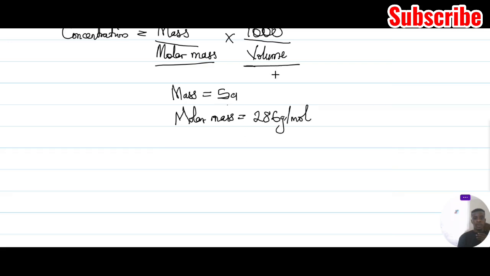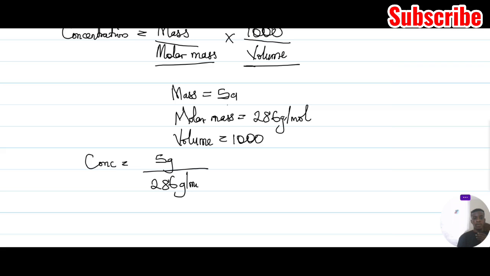Alright, and the volume we are diluting to is 1000 dm cube, so we have 1000. Let's substitute into the equation. Concentration is equal to mass, which is 5 grams, over the molar mass, which is 286 grams per mole, times the volume, which is 1000 over 1000, that is a dm cube.